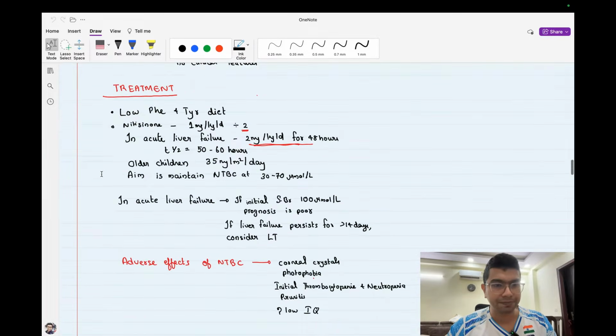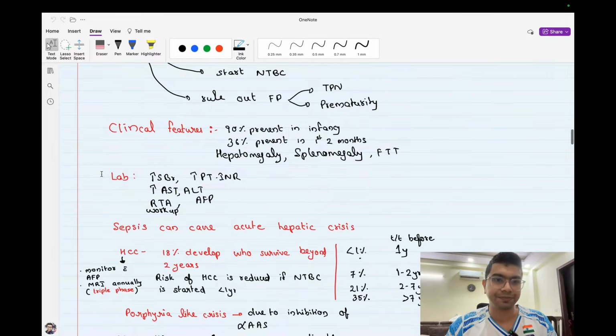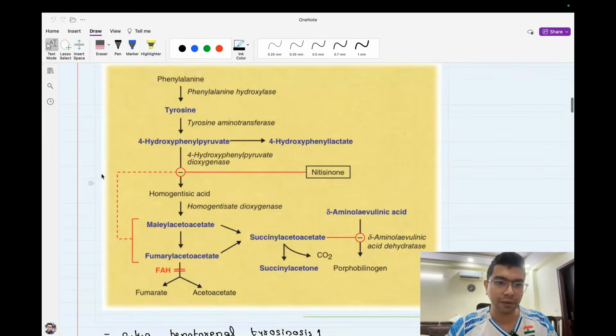Coming to treatment, the treatment is simple. We have to restrict tyrosine and phenylalanine in diet, and the silver bullet is nitisinone. Nitisinone is a repurposed drug. What it does is that if you go back to this pathway, it inhibits 4-hydroxyphenyl pyruvate dioxygenase.